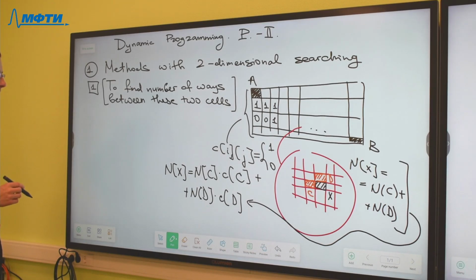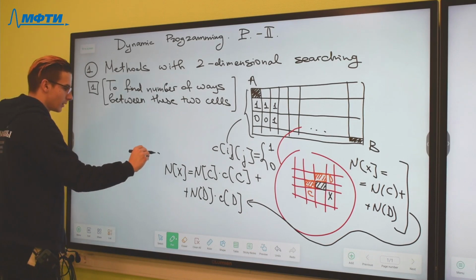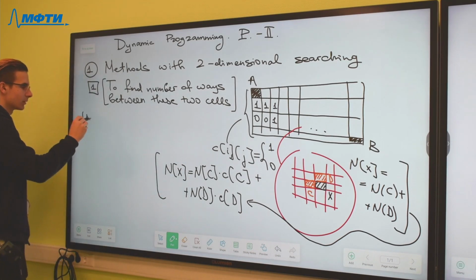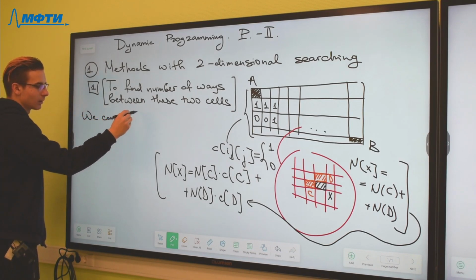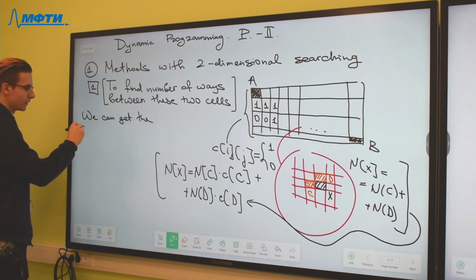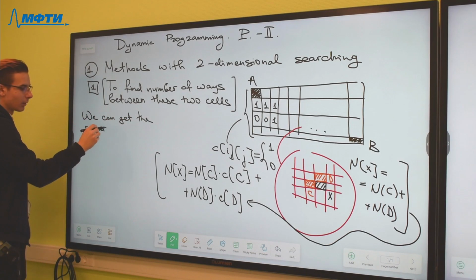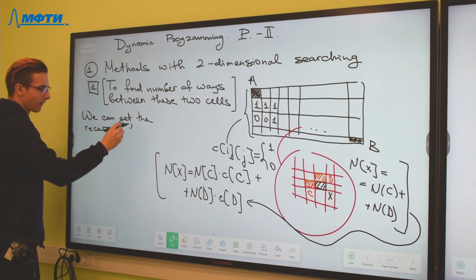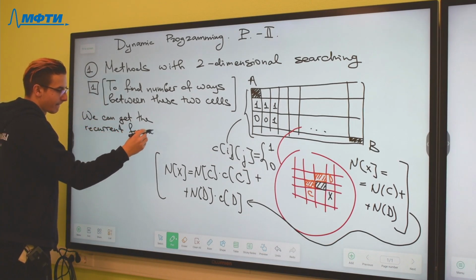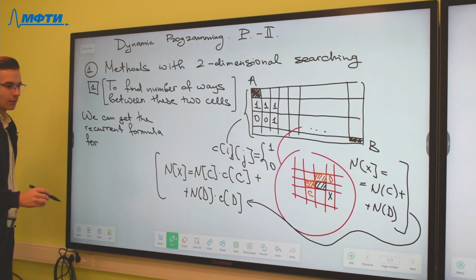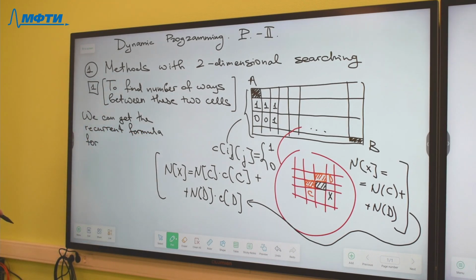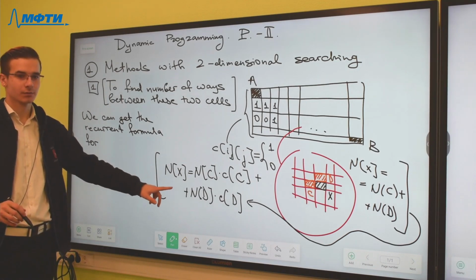So what's interesting in this task? We can get the recurrence formula for the numbers.